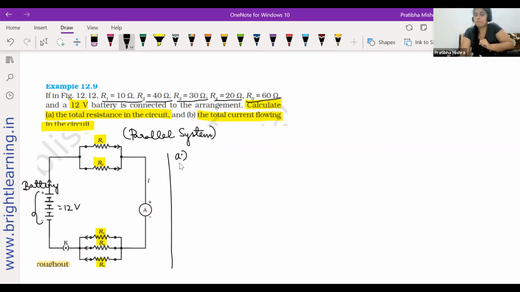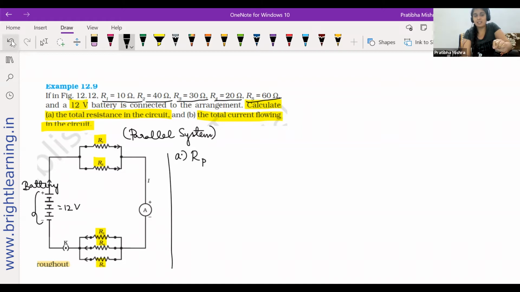Part A. Okay, all are arranged in parallel. What some people do is they calculate the total resistance of the first two, then the total resistance of the last three. That can also be done. Or else, since everything is in parallel, you can do it together. So you can say RP. But is it just RP?